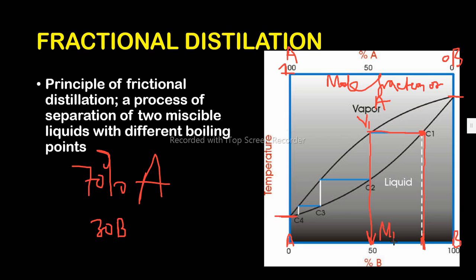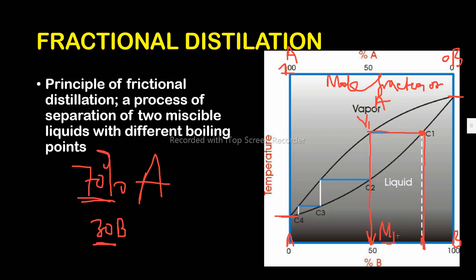Do you get the concept? This concept is really good and we shall encounter questions. So the liquid mixture, maybe it has 70% A and 30% B. It is going to be boiled and it will boil at temperature C1, giving off vapor V1, that when condensed will give a liquid mixture with composition M1.